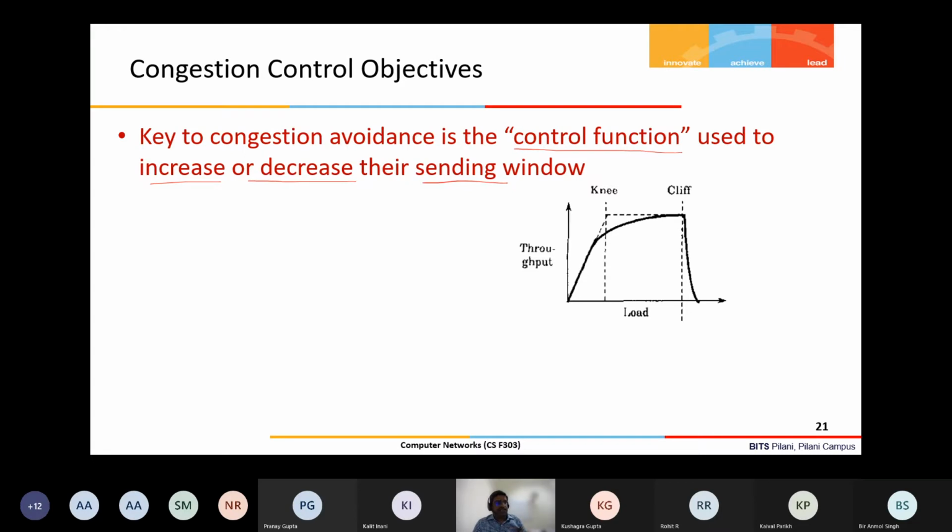But in basic TCP, the congestion level is not measured.